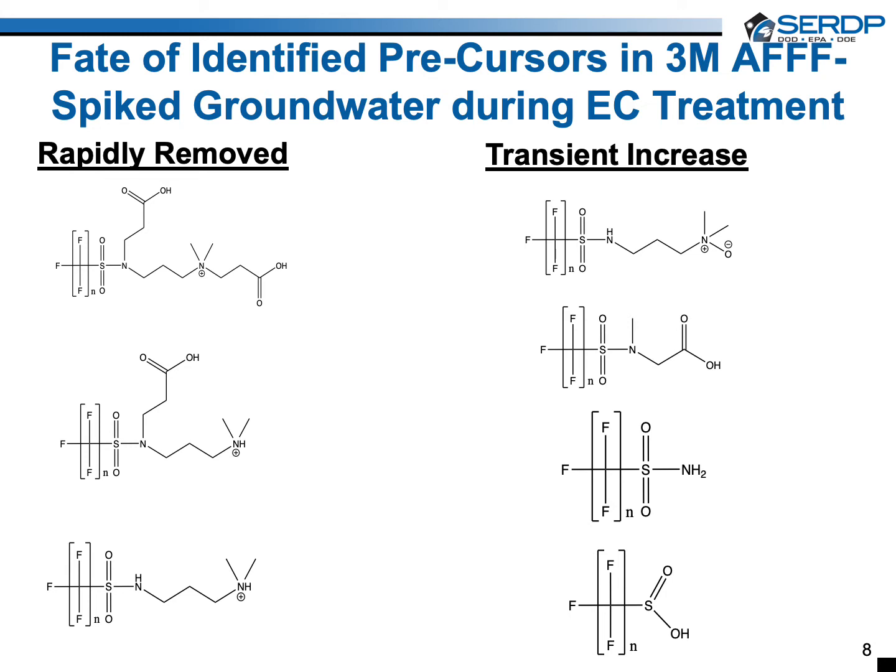What was also interesting is we saw transient increases of compounds that were either non-detect or at only very trace levels, but they clearly showed an intermediate, transient increase during electrochemical treatment, and then they started to go away again. So we were forming some compounds and also removing them, and this gave us some initial insight into the oxidation pathway and potential formation of perfluoroalkyl acids.